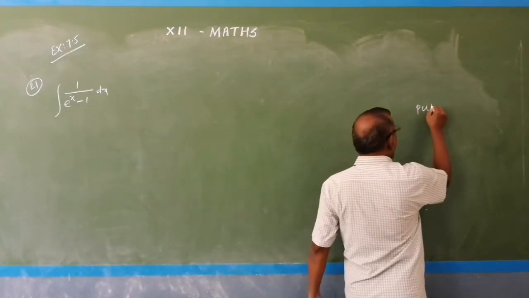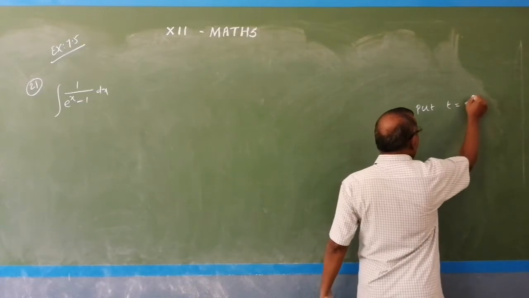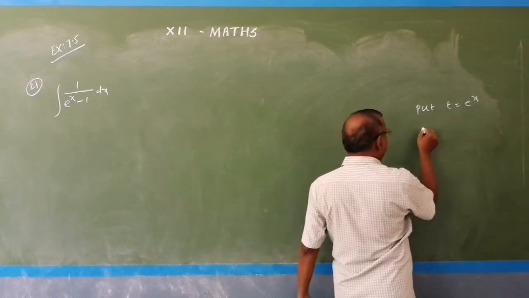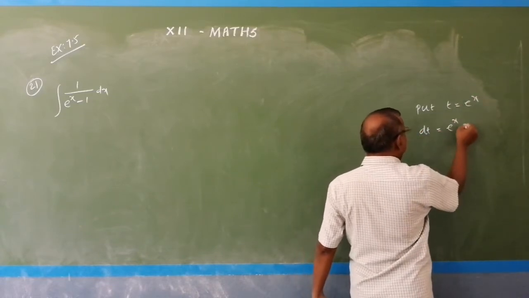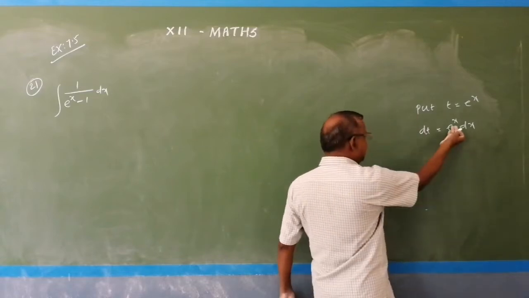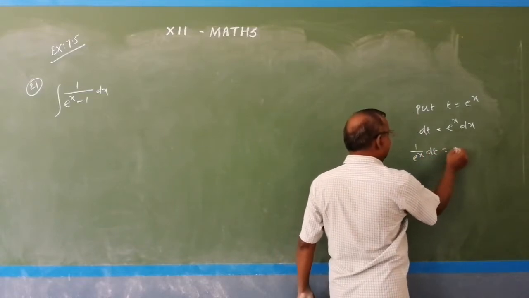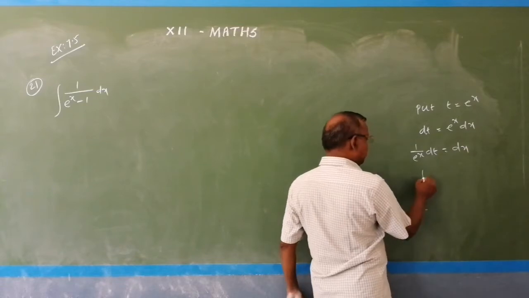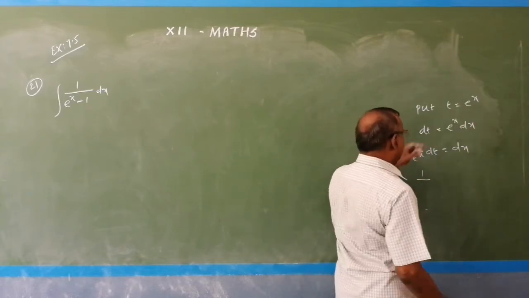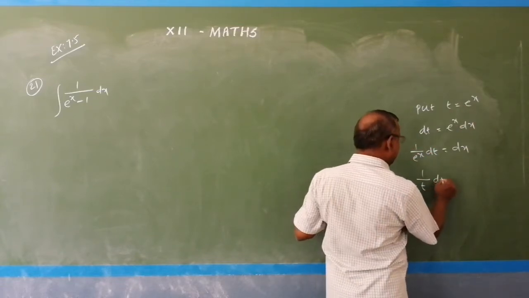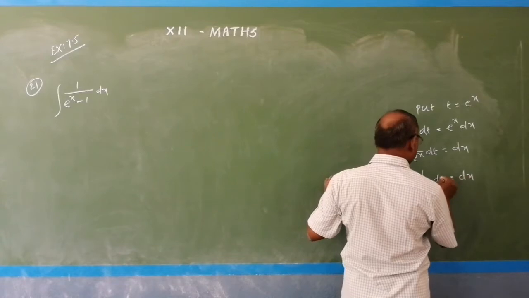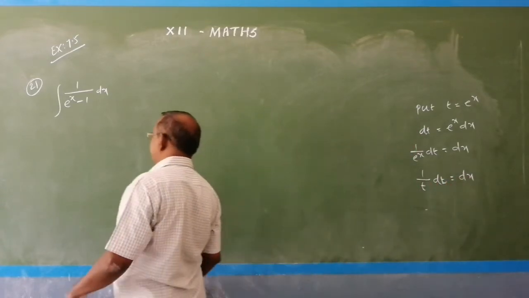Put t equal to e power x. Differentiating, we have dt equal to e power x into dx. Bring the e power x here, that is 1 by e power x into dt equal to dx, and 1 by e power x means 1 by t. So, 1 by t into dt equal to dx. This is the method of solving this.